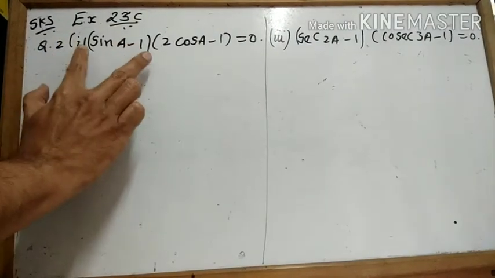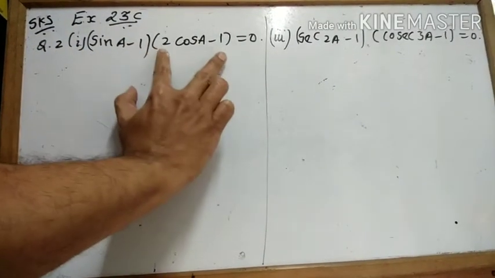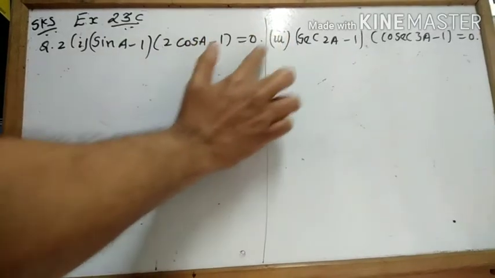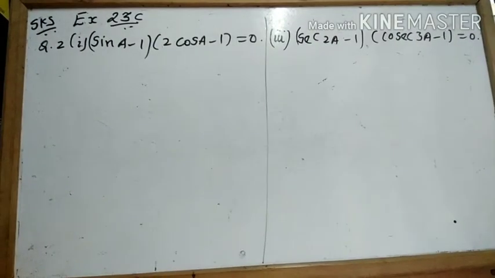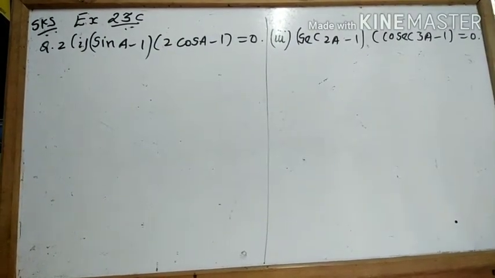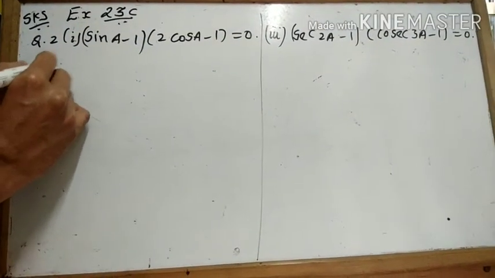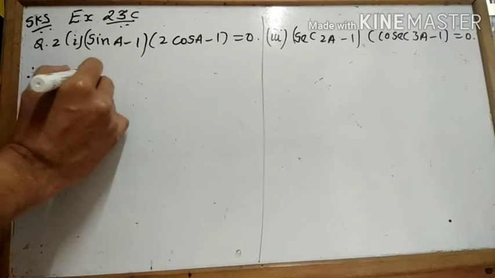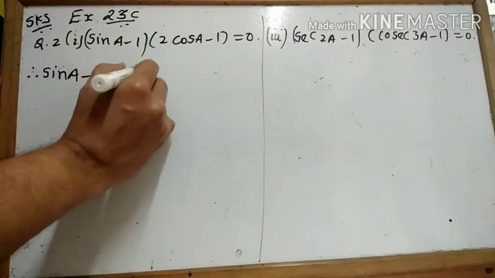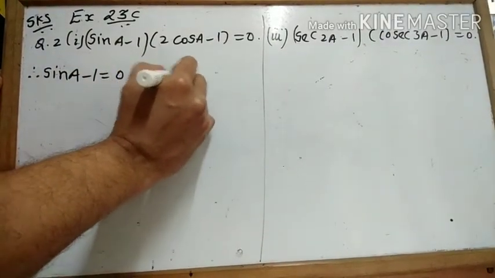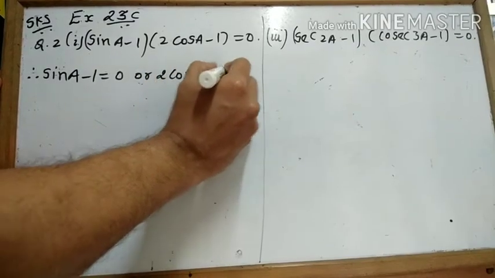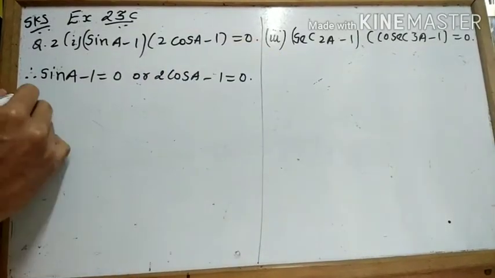The product is given to us as 0. So this will lead me to the conclusion that sine A minus 1 equal to 0 or 2 cos A minus 1 equal to 0.